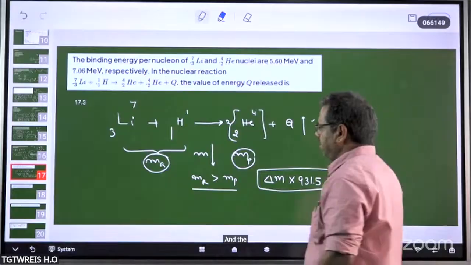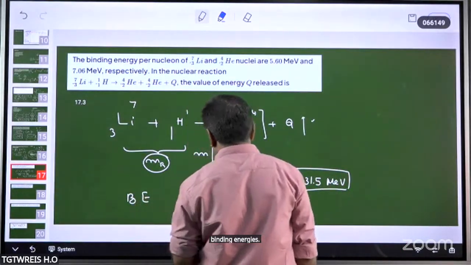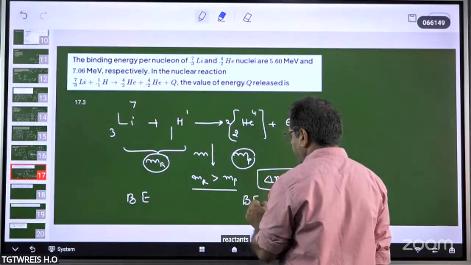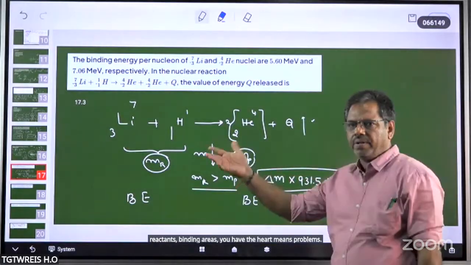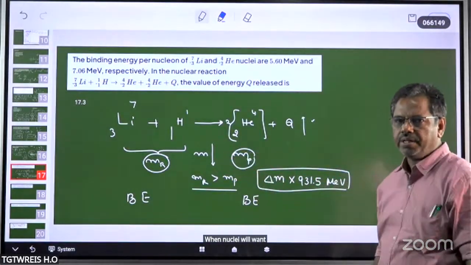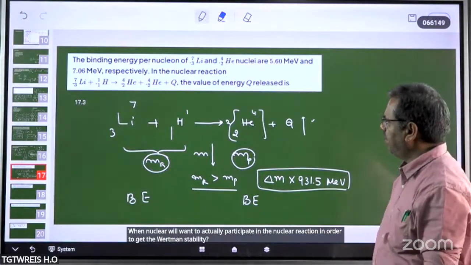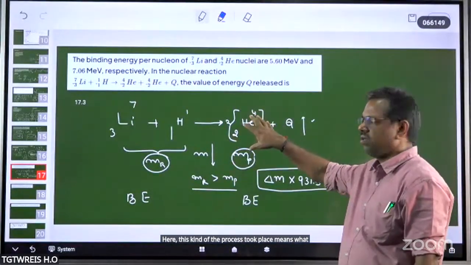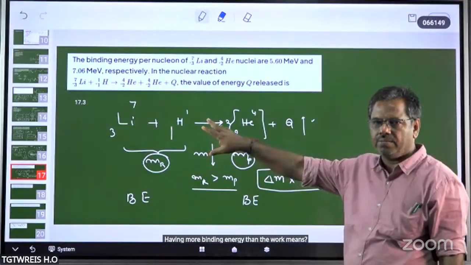The second thing is binding energies: the binding energy of the reactants and the binding energy of the products. A nucleus participates in a nuclear reaction in order to get stability. Here helium has more binding energy than lithium 3,7.